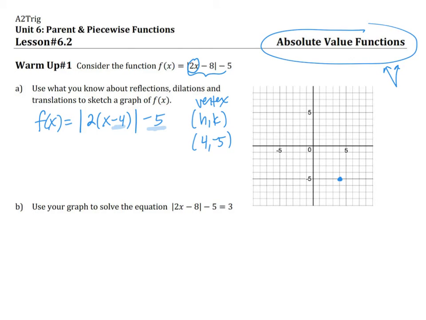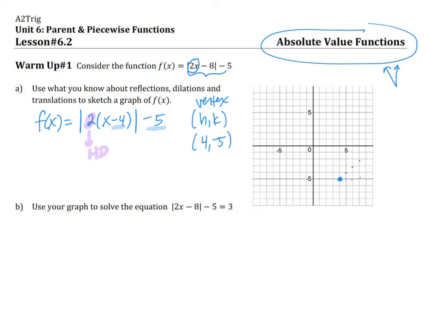The next part is interesting. You can consider this a horizontal dilation, so you could deal with the horizontal dilation. With the horizontal dilation, remember, you do the opposite. We used to go right 1, up 1, right 2, up 2, right 3, up 3.